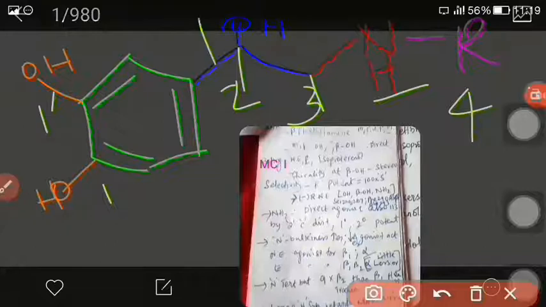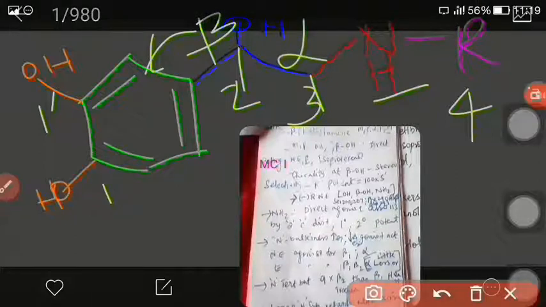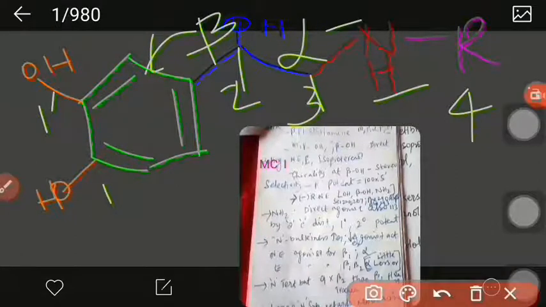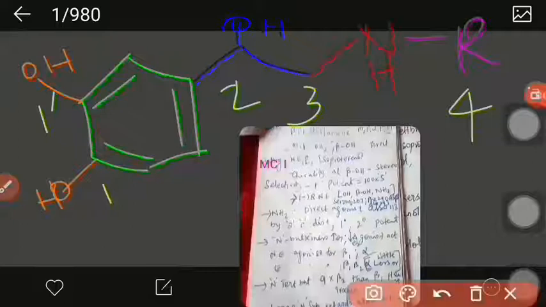At the beta position we have a phenyl group, and at the alpha position we have the amine group. So this is the beta phenyl, this is the beta position, and this is the alpha substitution.